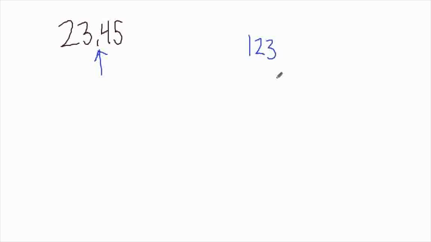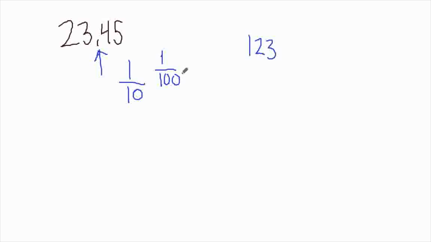Okay. So the 4 denotes 1/10. Imagine I took a pizza and I split it into 10 pieces. So if I have 4 of those, that's what the 4 represents. Okay, the next number, the 5, imagine if I took a pizza and I split it up into 100 pieces, so that I have 5 of those really small pieces.